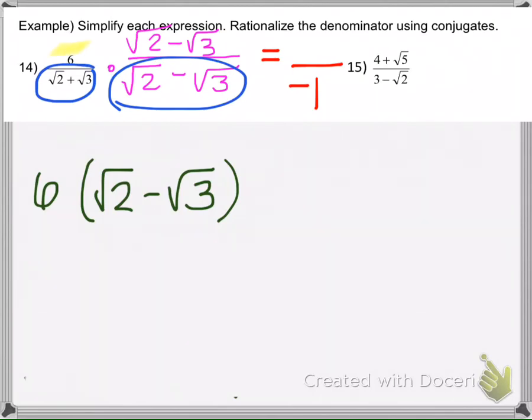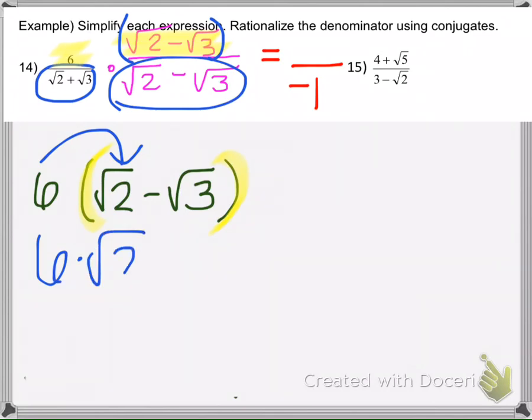Now we're going to multiply the 6 times radical 2 minus radical 3. So remember, we need to put these parentheses because this was together here and because of that subtraction there. So we're going to go ahead and multiply 6 times radical 2, so just 6 rad 2, and then a positive 6 times a negative radical 3 is negative 6 rad 3.